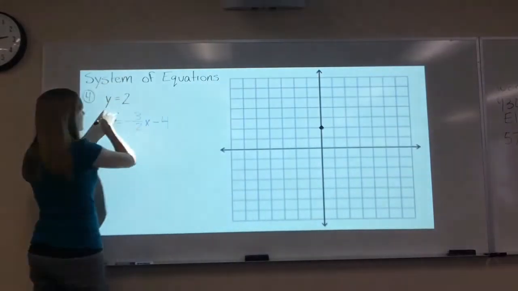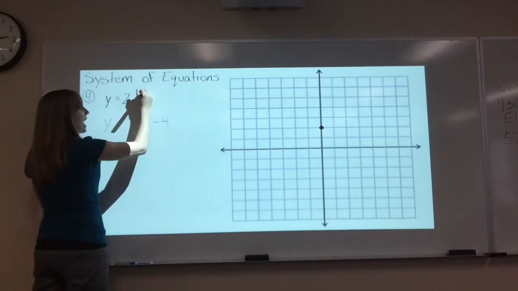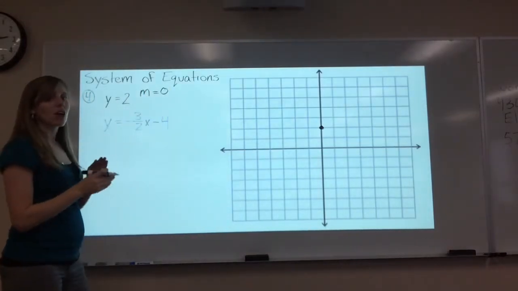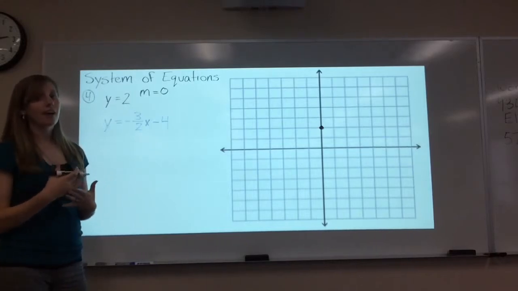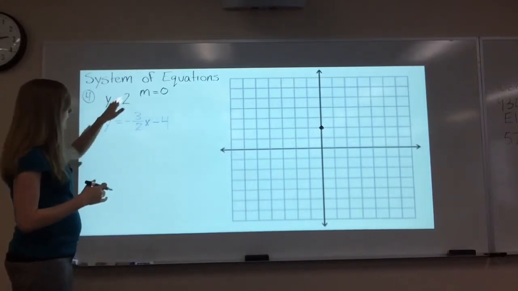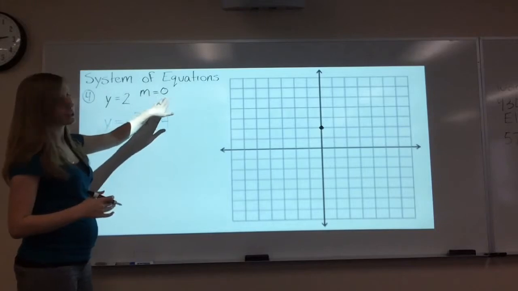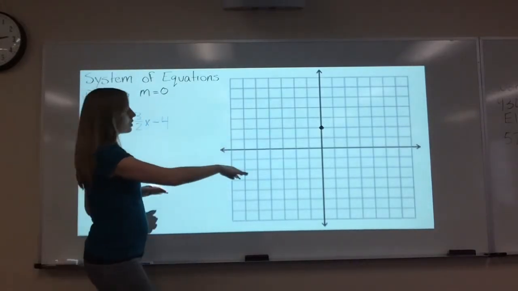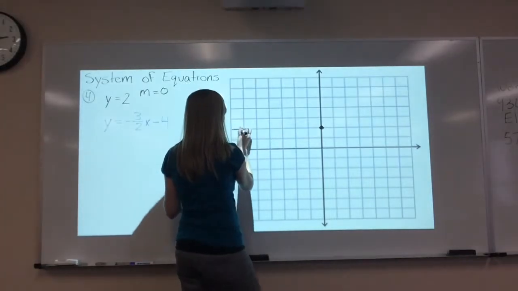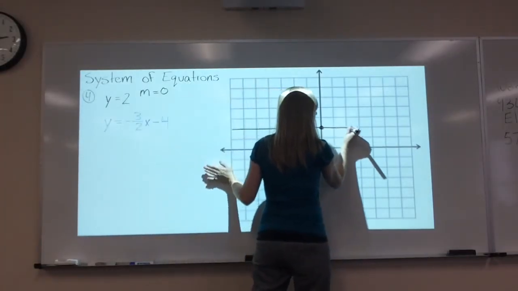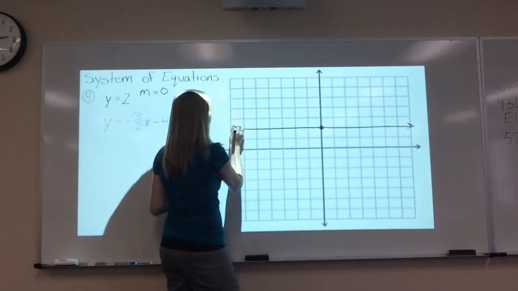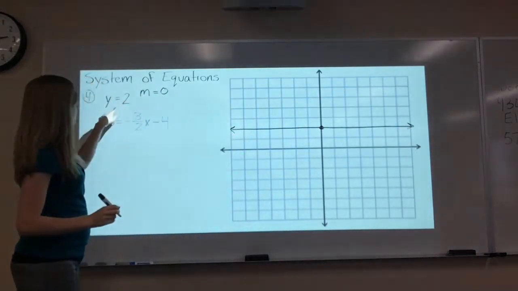So in this case, because y is by itself, m is 0. If this had been x all by itself, remember that's the undefined slope. But if it's y, then the slope is going to be 0. Remember, a 0 slope is just going across, a horizontal line. So all I have to do for this first one is draw a straight horizontal line like this. That is the graph for y equals 2.